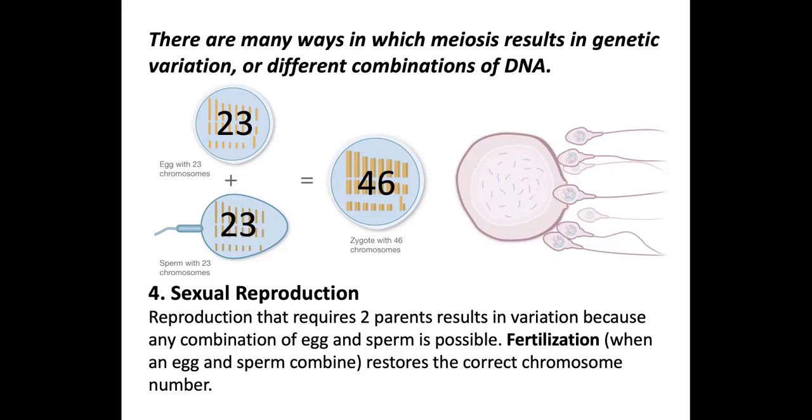Because the egg has 23 and the sperm has 23, when they combine, we now get our full set of chromosomes. We take our sex cells, we combine them, and we get what is known as a zygote when they fertilize. The sperm fertilizes the egg, and now we have a zygote with the full number of chromosomes.